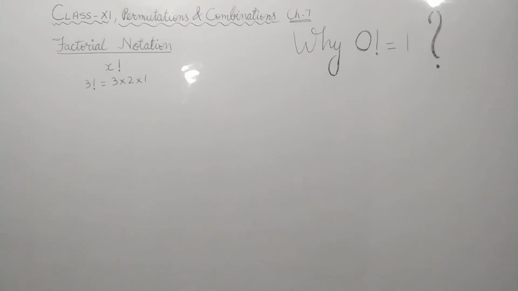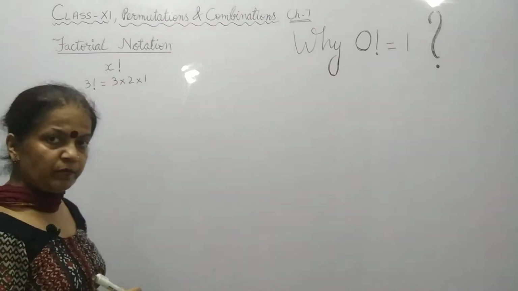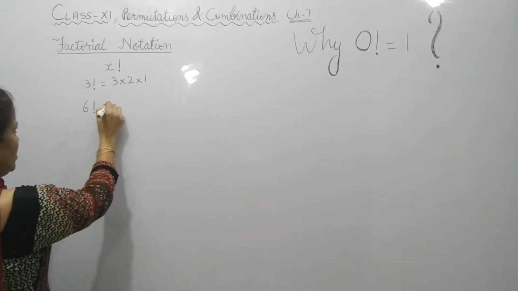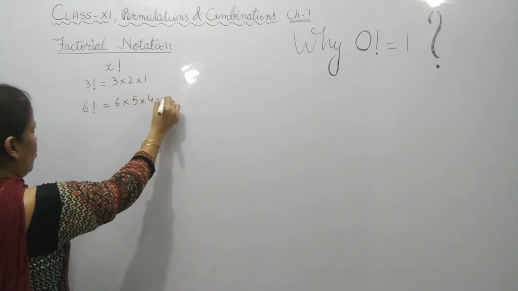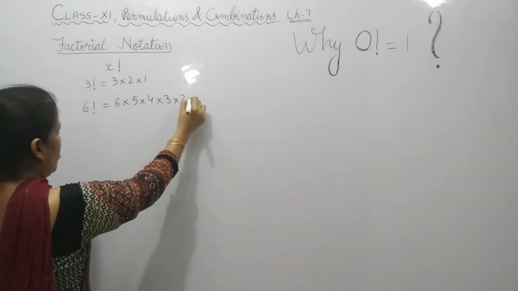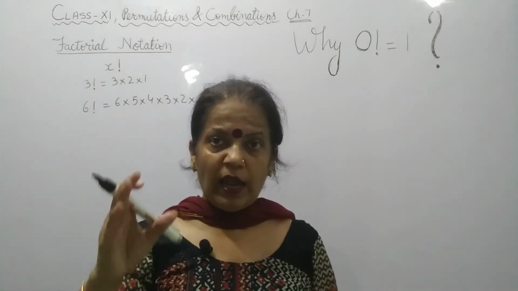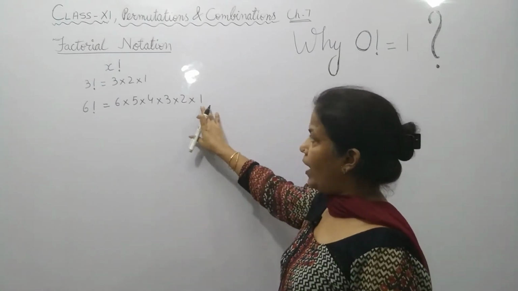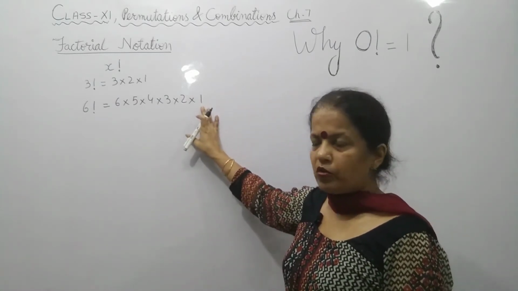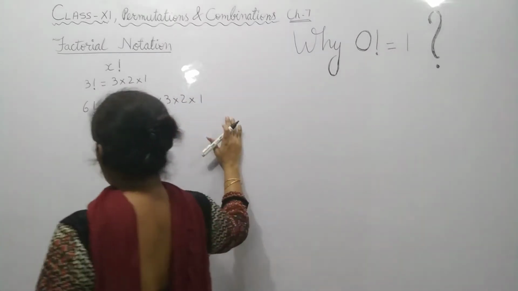In the same way, if I have to write any other natural number factorial, let it be 6 factorial, I can write it as 6 into 5, 4, 3, 2 and 1. Like this I can write it. 6 goes on decreasing one by one up to the last natural number, and the product of all these numbers will be the factorial.